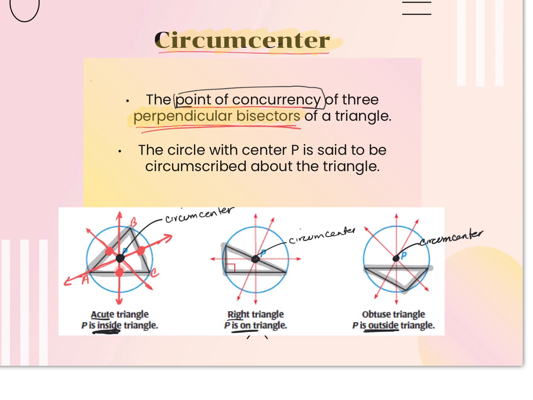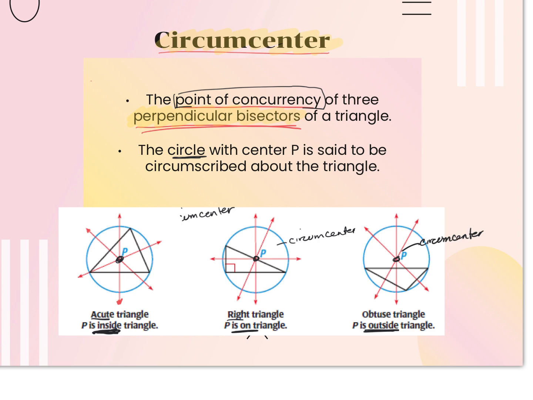And then the last thing here in the notes is talking about the circle. Notice how you have that blue circle, and again, let me just erase everything else. When you have that blue circle, you're going to see that the circumcenter is the center of that circle. And the circle is said to be circumscribed about the triangle.